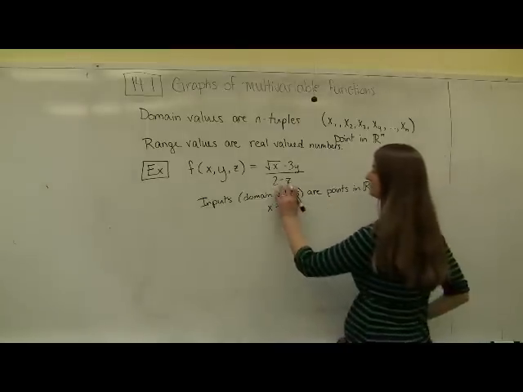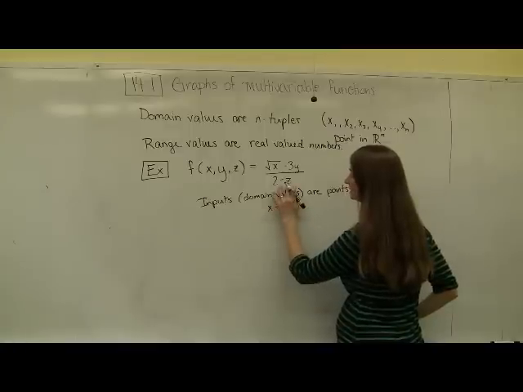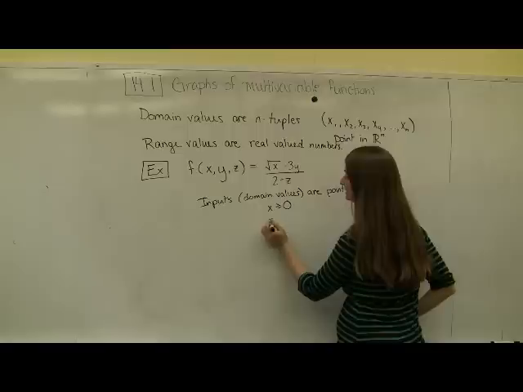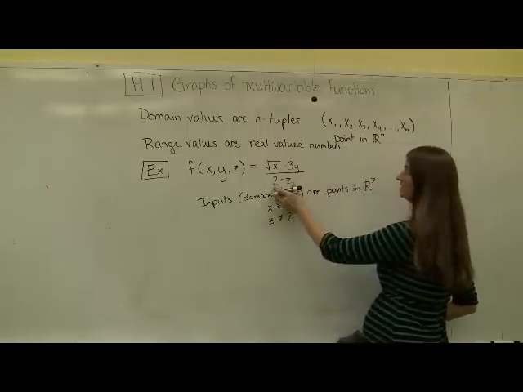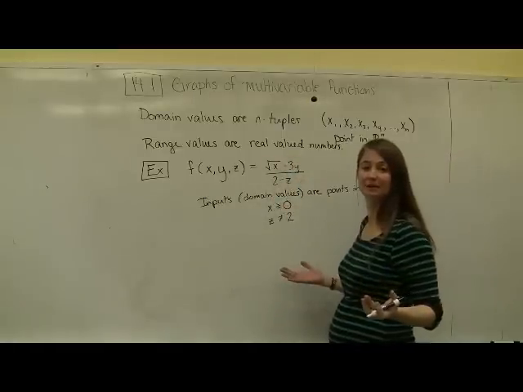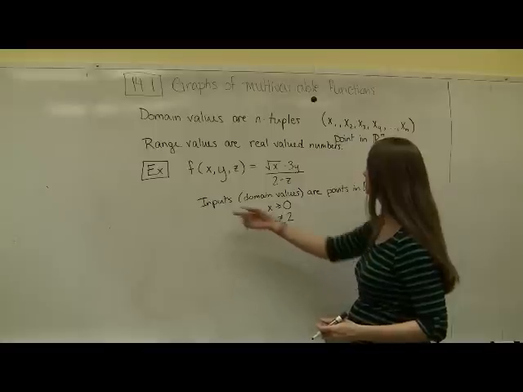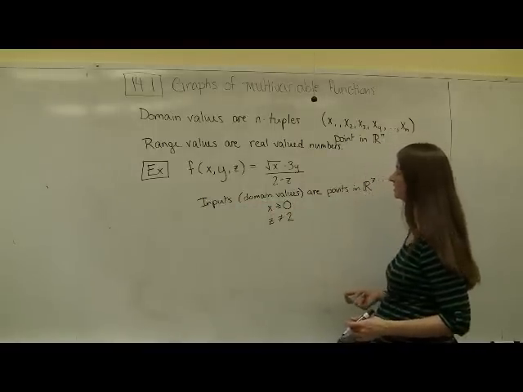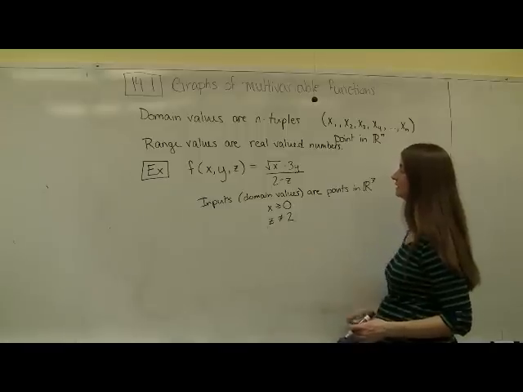So I need to make my 2 minus z not equal to 0, or in other words, z cannot be equal to 2. Because if z were equal to 2, this output would be undefined, meaning that's not going to be a point in our domain. So our inputs are points in R3 with the restrictions that x has to be greater than or equal to 0, and z cannot be equal to 2.